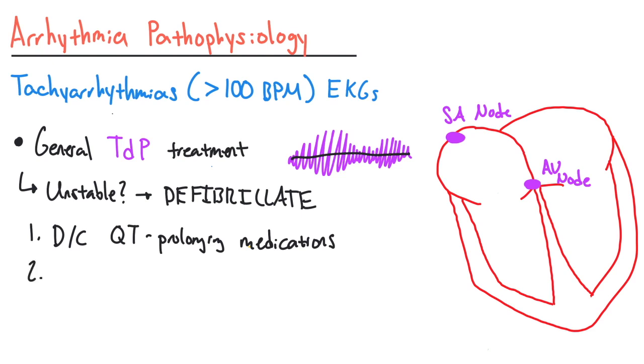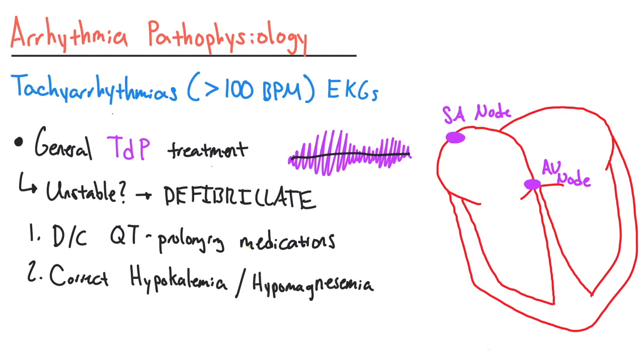So number 2, we're going to want to correct hypokalemia or low potassium. And as we also mentioned in the other lectures, through mechanisms that I don't expect you to know, hypomagnesemia or low magnesium, not enough magnesium in the bloodstream, can also lead to some of these arrhythmias. So we also want to correct hypomagnesemia.